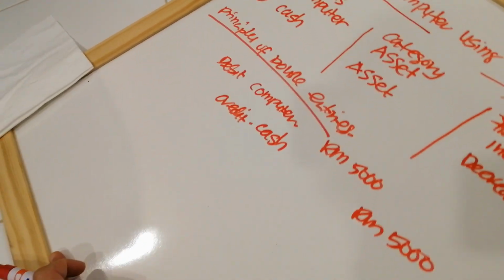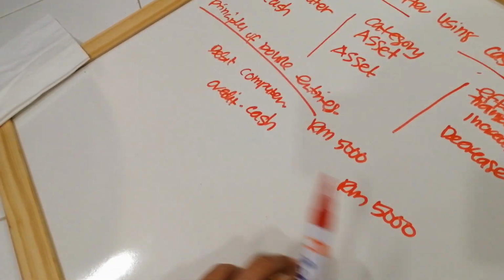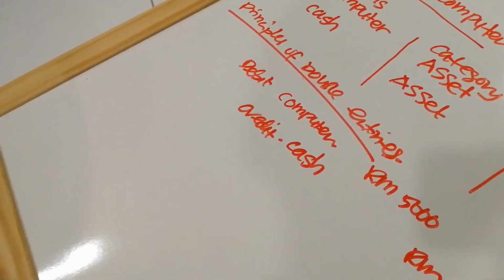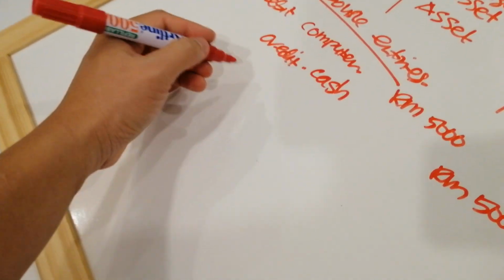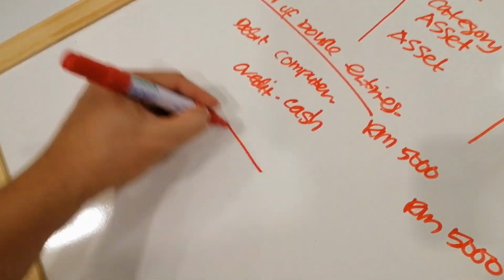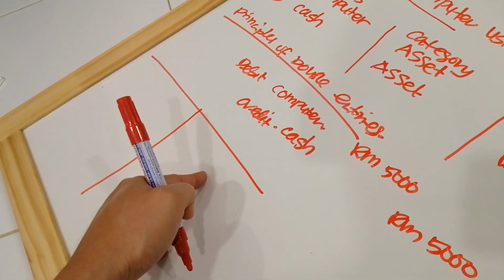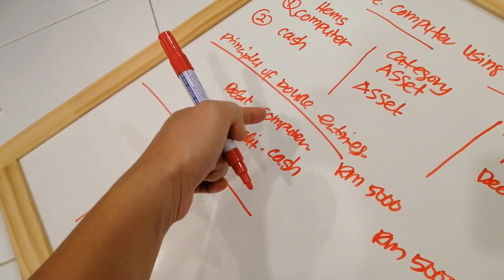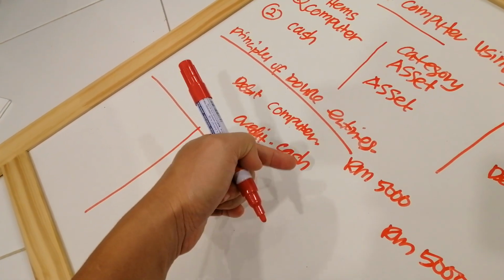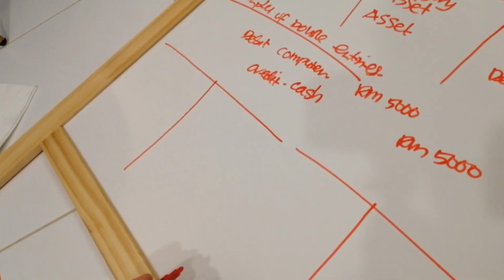Okay, now I will go straight forward to explain to you about ledgers. Okay, number 3 just now is ledgers. Ledgers means T account. So how to prepare T accounts from this debit and credit? Okay, how many T accounts we should have depending on how many items that you have, computer and cash. So we have 2 T accounts here.